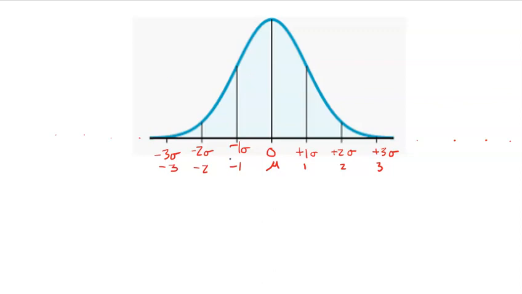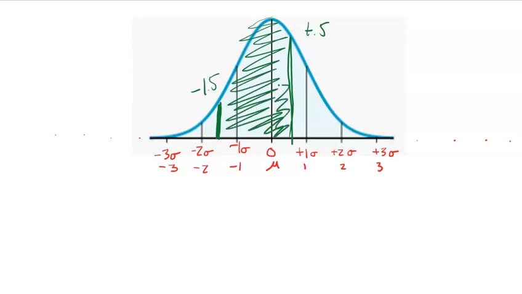So the idea here is that any interval inside of this normal model is represented by the probability of you being within that interval. For example, if I wanted to go from -1.5 to +0.5, the area in that interval between -1.5 and +0.5 is the probability of being in that interval.